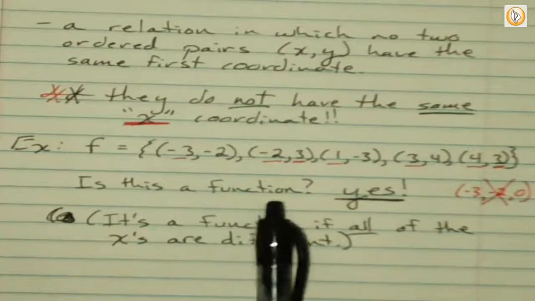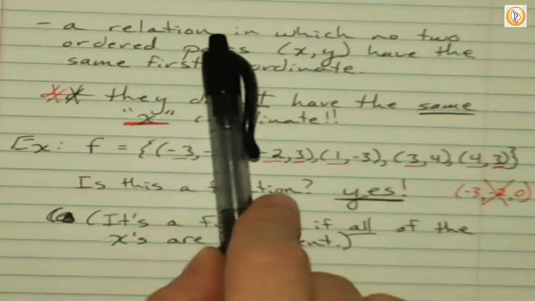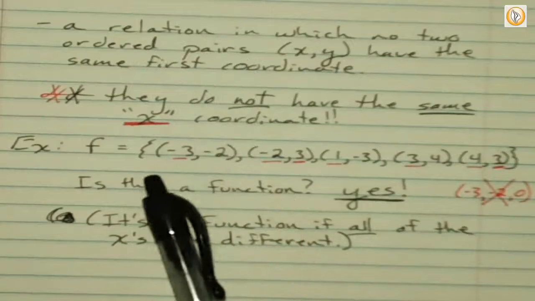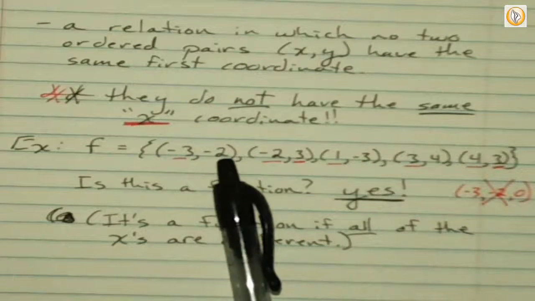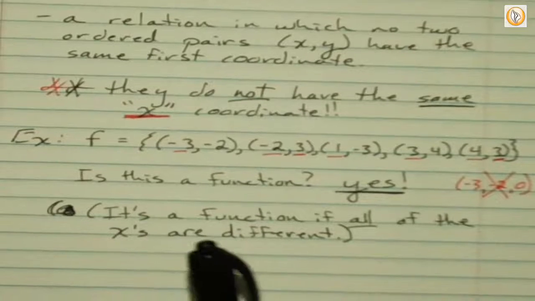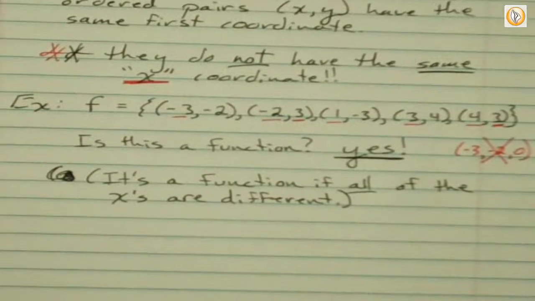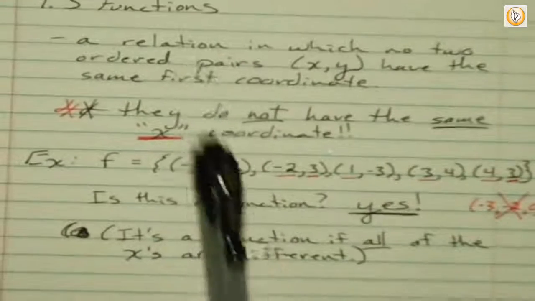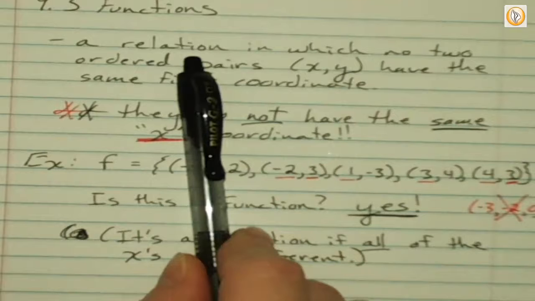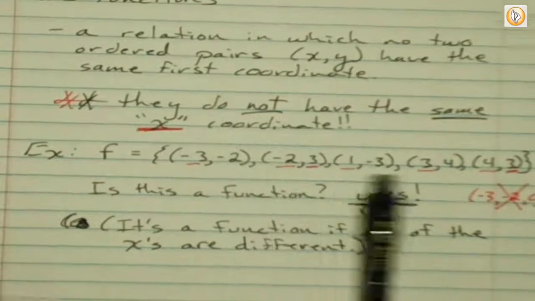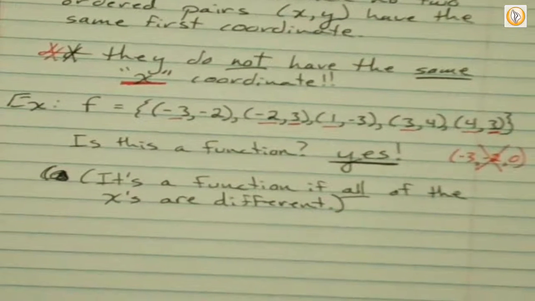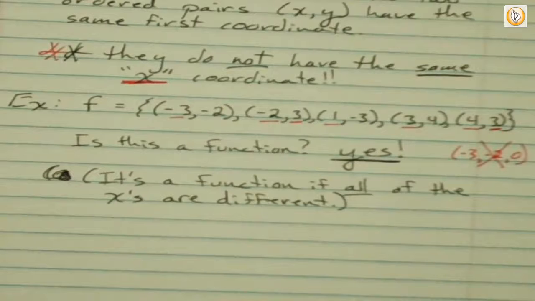So a function is a relation. So it has to be all ordered pairs, but it cannot have the same x. Because it can't have 3 numbers or something, and it can't have the same x.